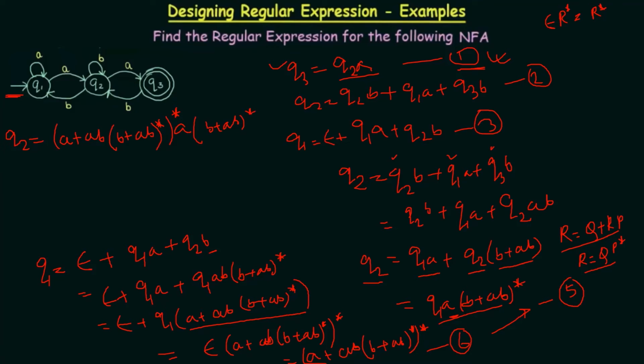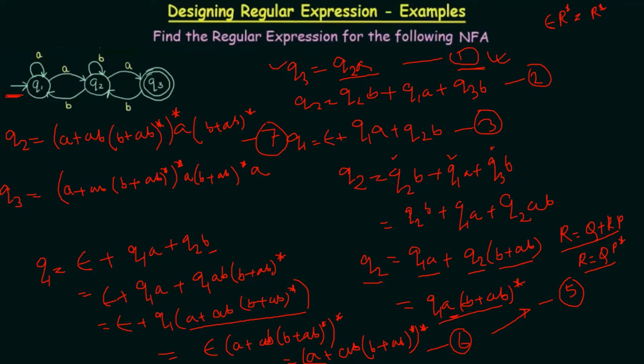Now let's give this equation number 7. Now putting the value of equation number 7 into equation number 1, we are going to get q3 is equal to this thing into a. Okay, so that is the final answer.